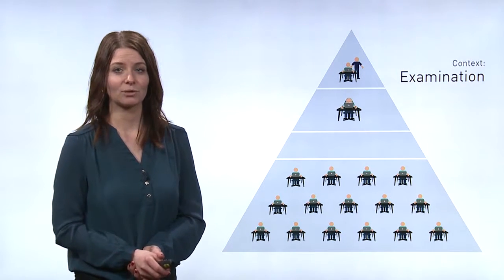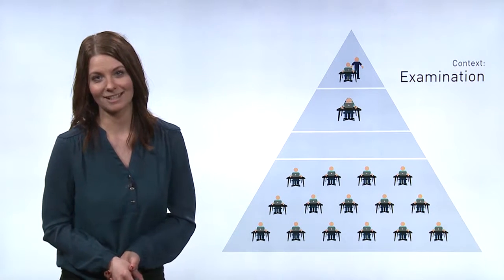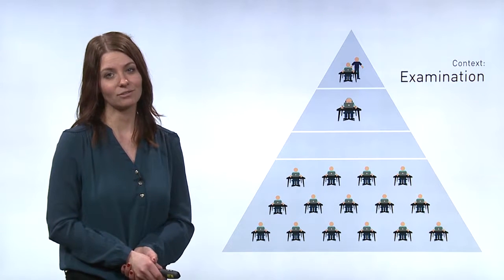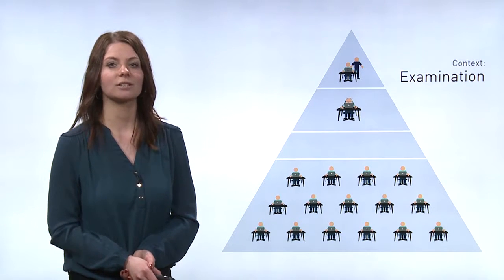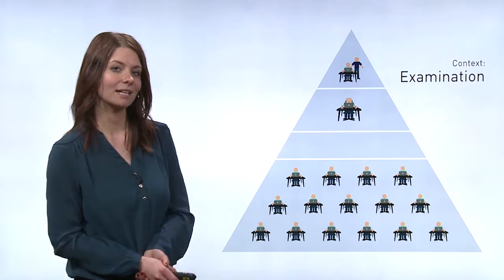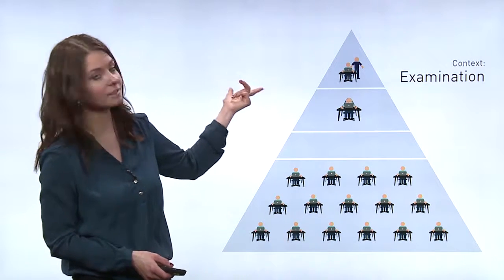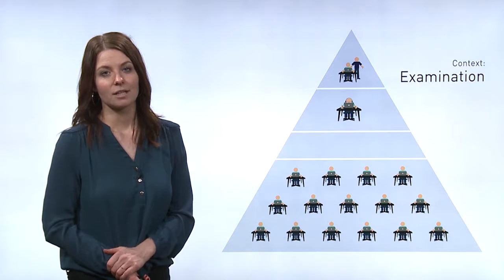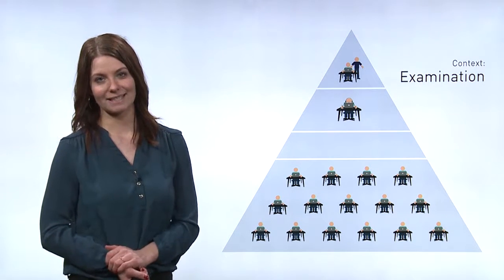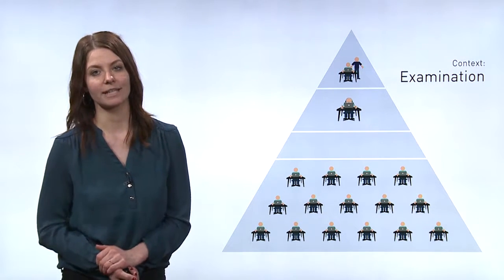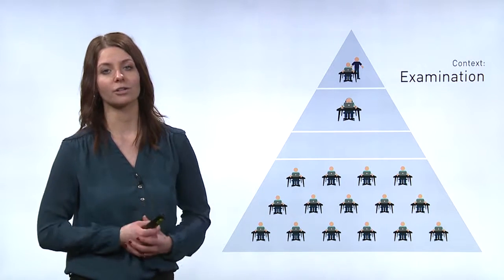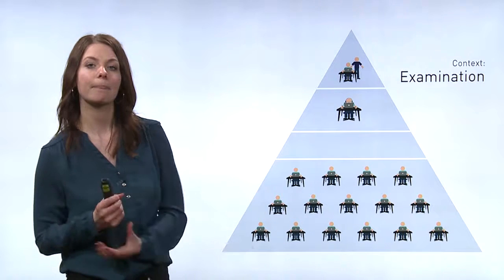Still, some students will have the need for different accommodation, perhaps to take an oral exam as an alternative to the written exam, while on the top of the pyramid we still find some students who will need some personal assistance when doing a written exam. The true nature of universal design and universal design for learning is to ensure that as many students as possible are part of the ordinary solutions.